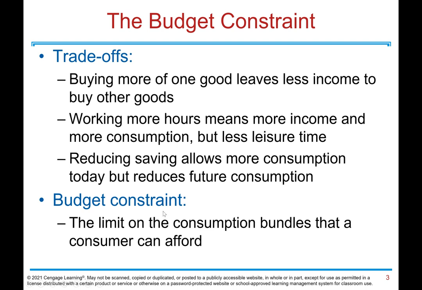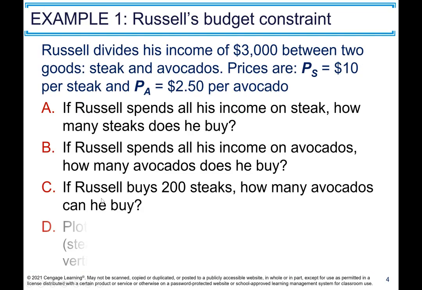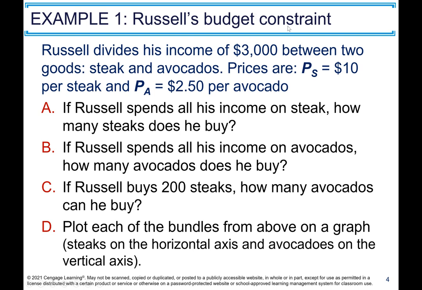What's the budget constraint? The limit on the consumption bundles that a consumer can afford. In example 1, Russell's budget constraint. Russell divides his income of $3,000 between two goods, steak and avocados. The price of steak is $10 per steak, and the price of avocados is $2.50 per avocado.